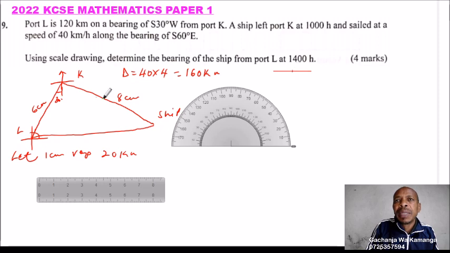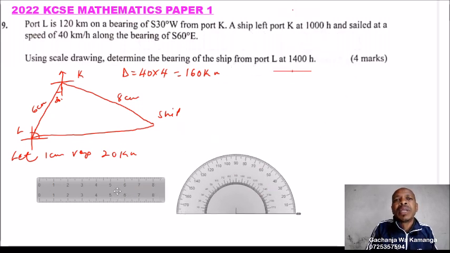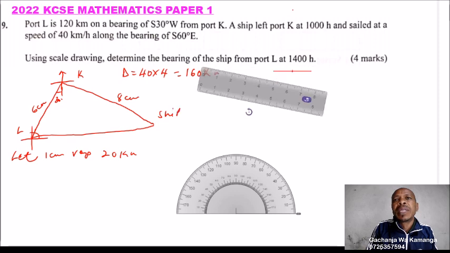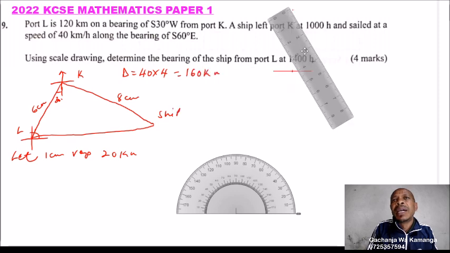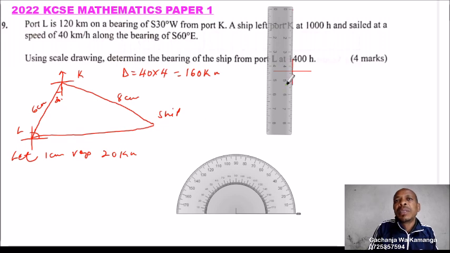Make a mark there where we are going to place the protractor. Put it there. Make a mark at 90. Now those two points should help you get a vertical line. So we can now come here and draw our vertical line roughly there. So that is our compass.